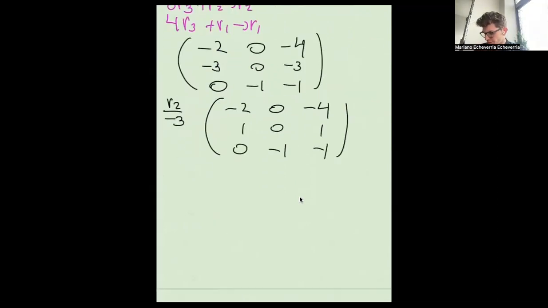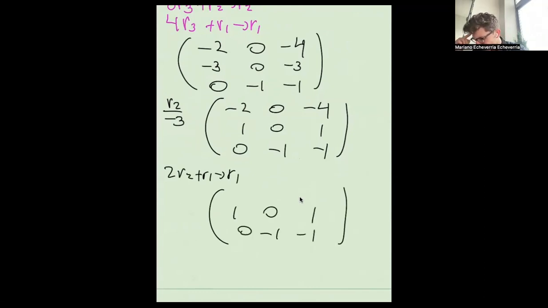And I'll do 2 row 2 plus row 1 into row 1. Sorry, I'm reducing this in a slightly weird way. I just wanted to avoid dividing. I just didn't want to work with fractions. That's why the reduction looks a little bit all over the place.